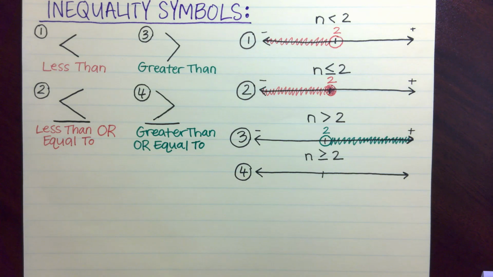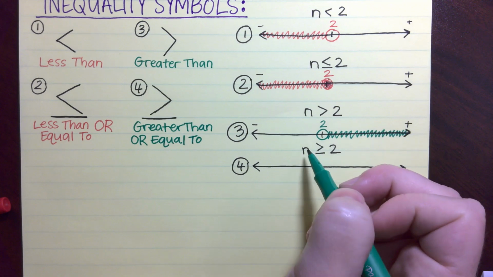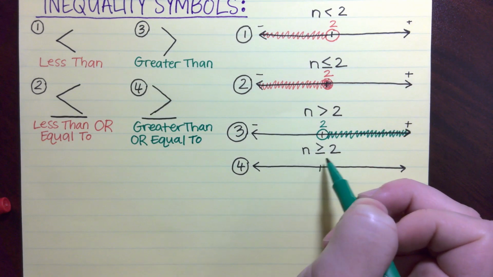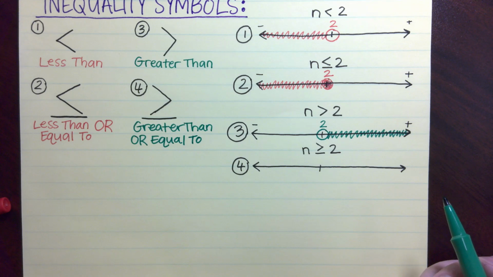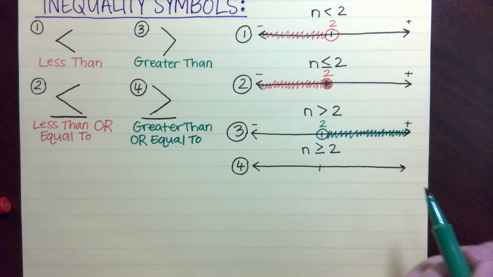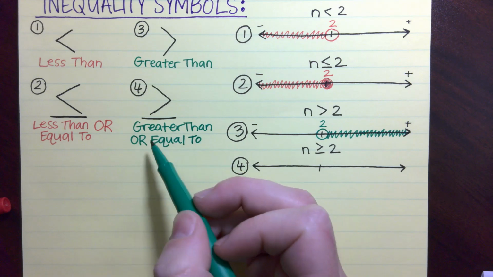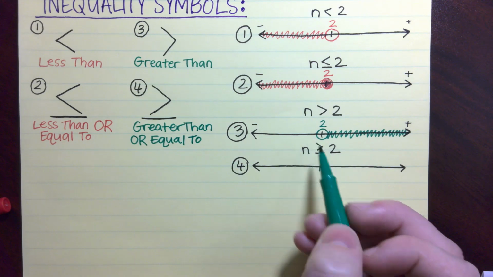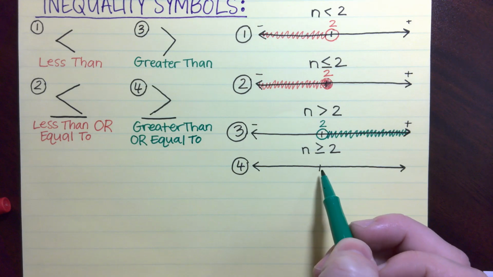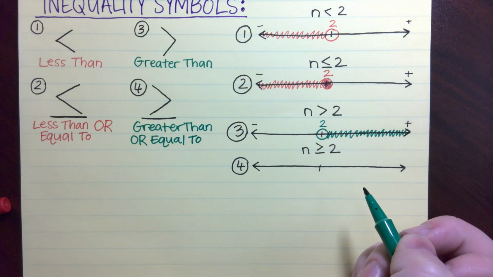Okay, let's look at number 4. 2 over the tick. Before we start graphing it, can somebody read this to me? What's this say? N equal to? Greater than or equal. Yes, it's greater than or equal to. It's not just equal to. It's not just greater than. It could be 2 and it could be any number bigger than 2. So how do we do this? 2 over the tick.